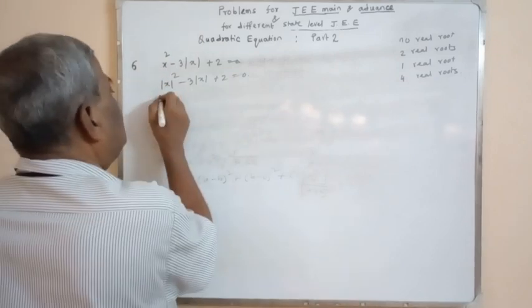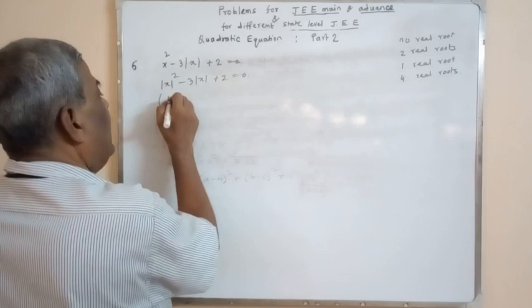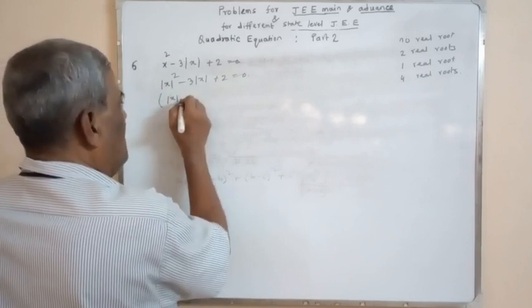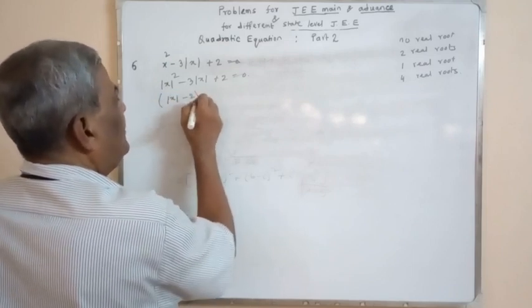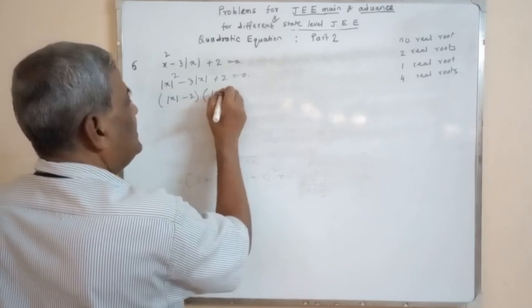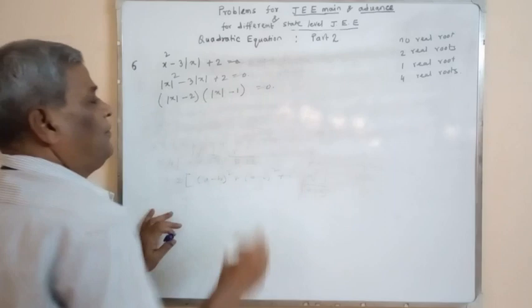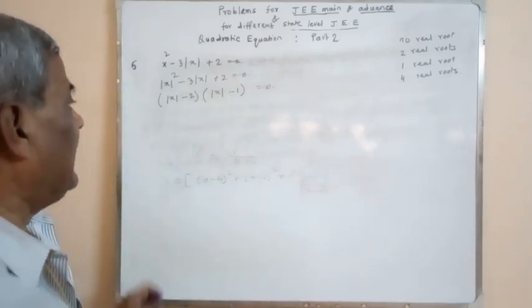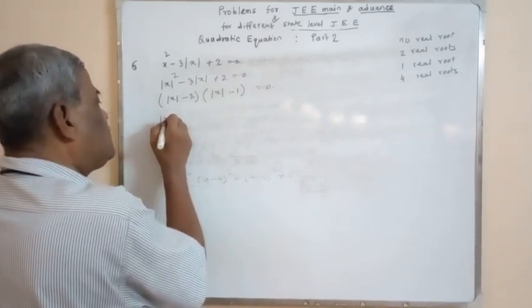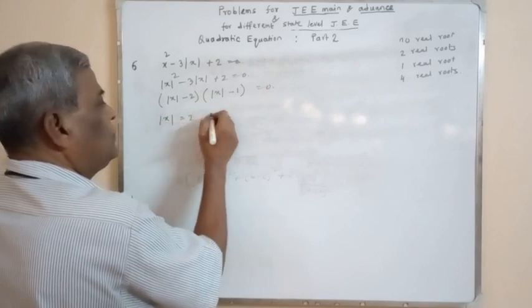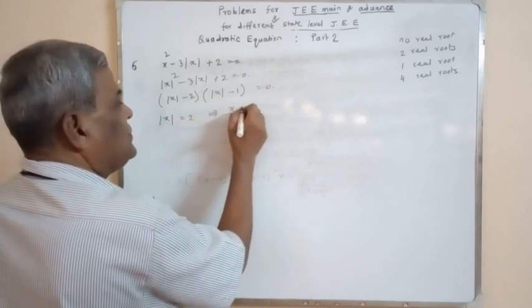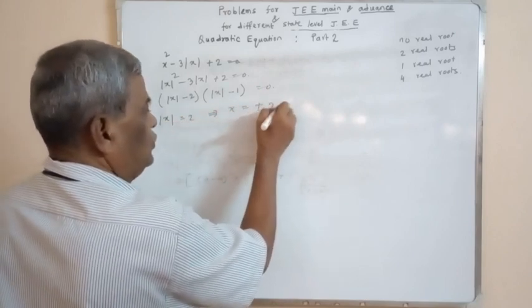And this can be written, by factorizing, as mod x minus 2 into mod x minus 1 is equal to 0. So that we get either mod x is equal to 2, which gives x is equal to plus minus 2.